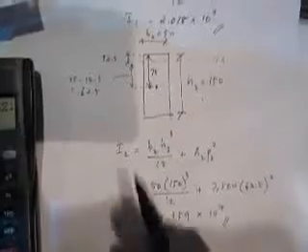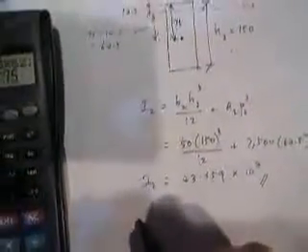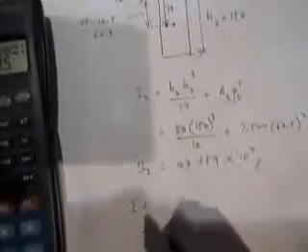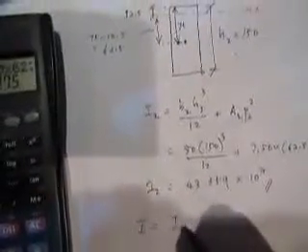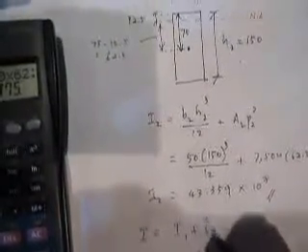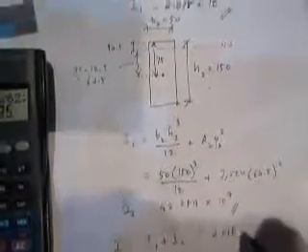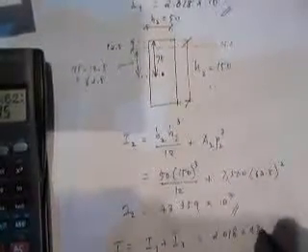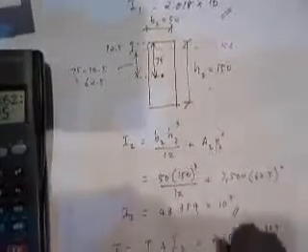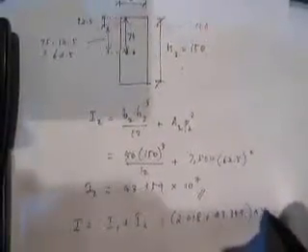So we add I1 and I2 in order to get I, the moment of inertia for the whole section. So I is equal to I1 plus I2, which is 2.018 plus 43.359, times 10 to the power of 7.